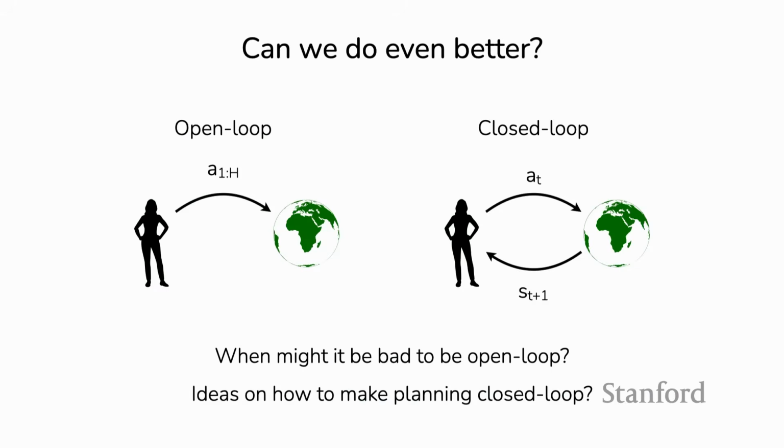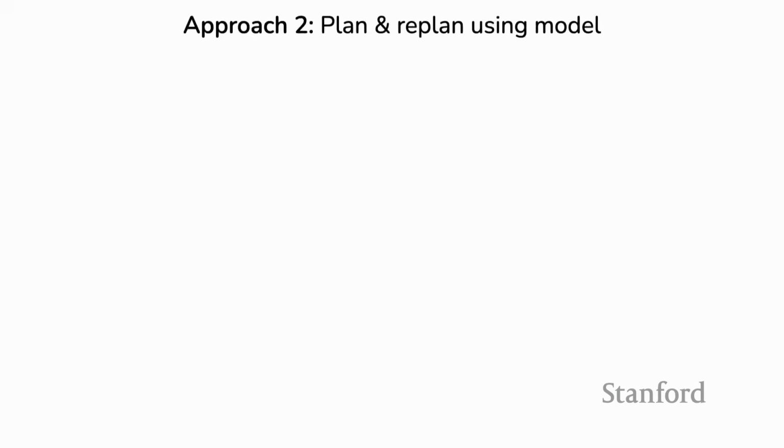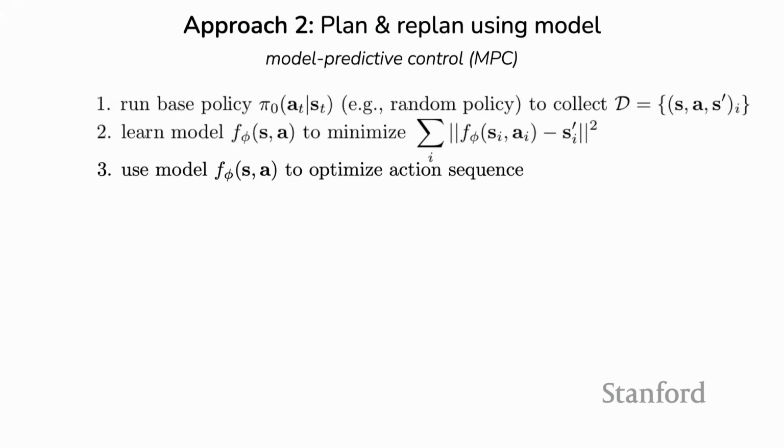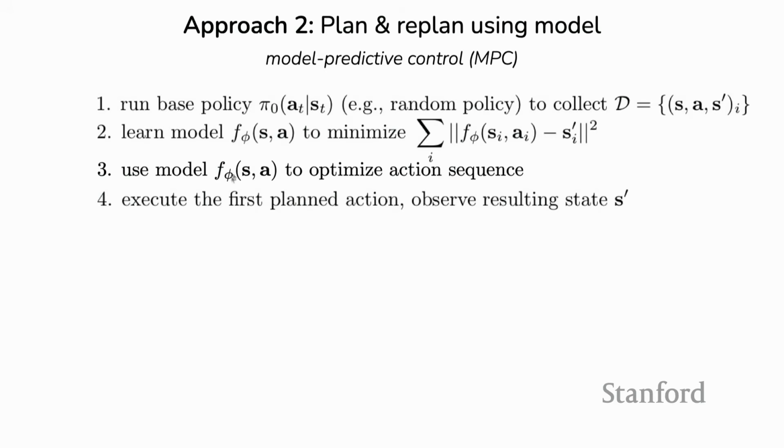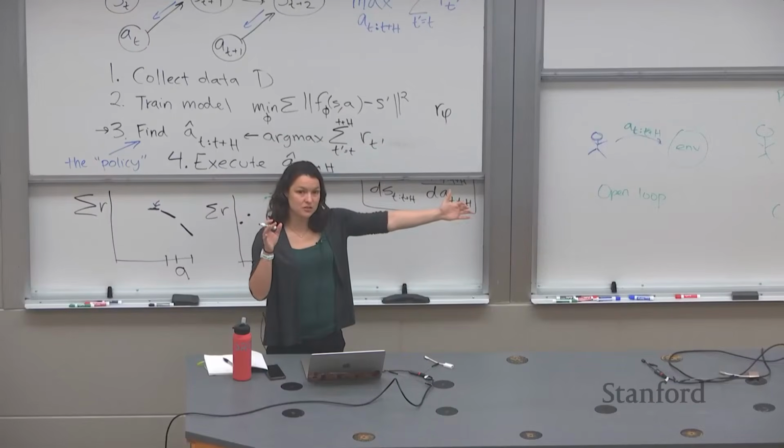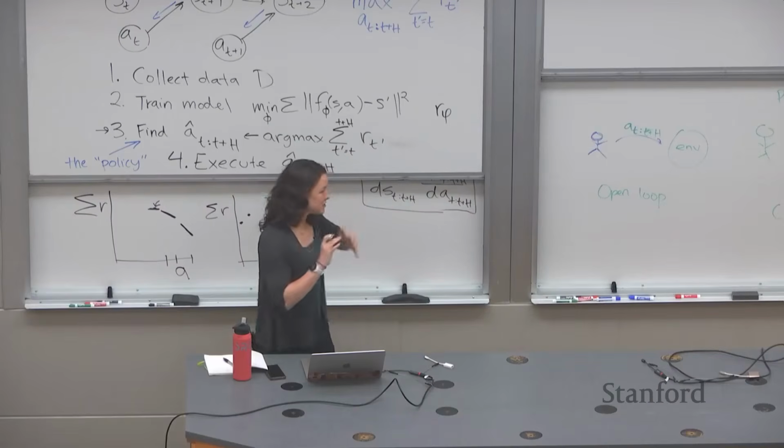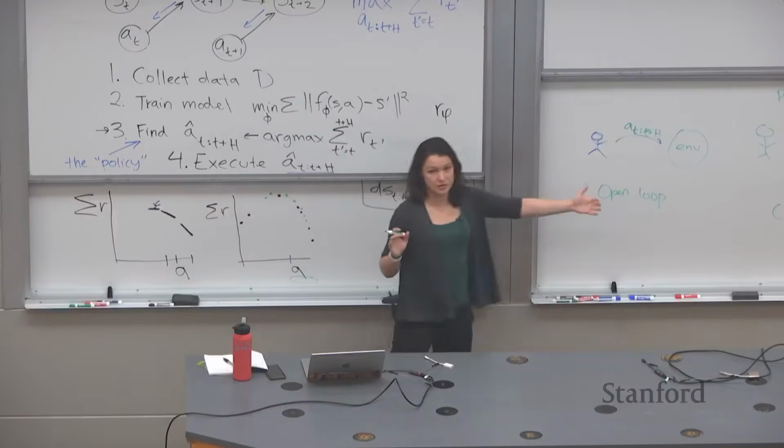Now we talked about how we can make planning closed loop, which is, instead of executing the entire action sequence, you could just execute only the first planned action. We're still going to plan a sequence of actions because we need to consider not just the first action, but how all of our actions are going to affect future rewards.